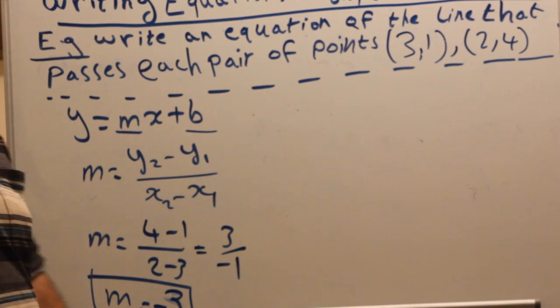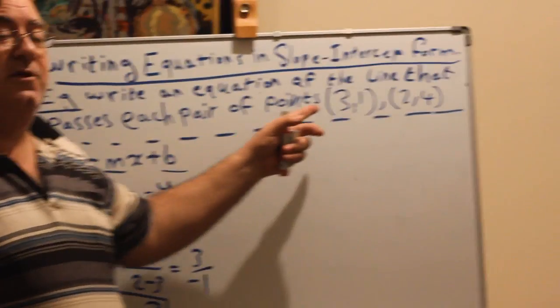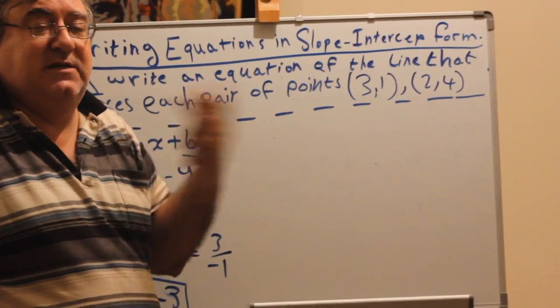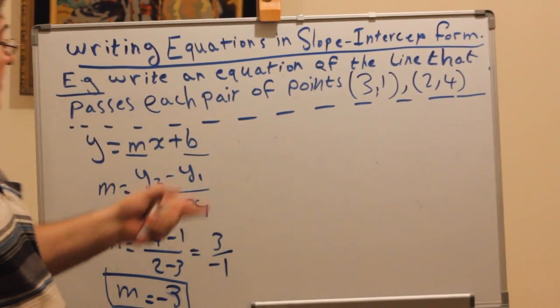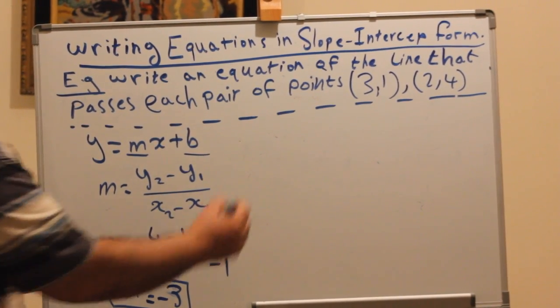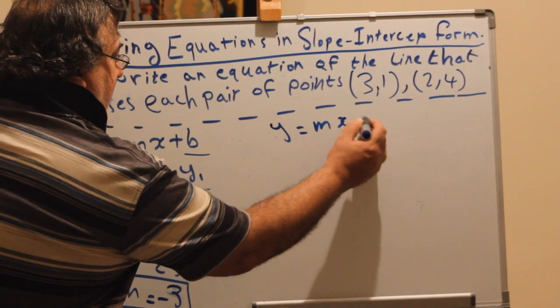Okay? Now, I have the slope, but I don't have the y-intercept. So what shall I do? Let's go to the previous example. If I have the slope, and instead of having 1 point, I have 2 points, you choose one of them, which is easier for you, and substitute it in the x and y, then you can get the y-intercept. So y equal mx plus b.